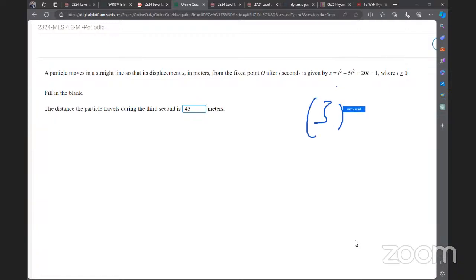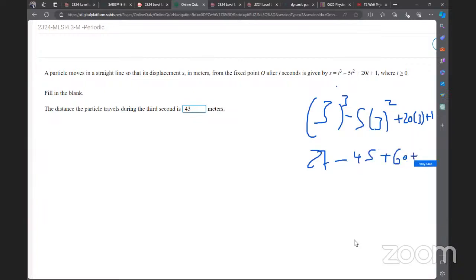3 power 3 minus 5 times 3 power 2 plus 20 times 3 plus 1. So 3 power 3 is 27. 3 power 2 is 9. 9 times 5 is 45. 20 times 3 is 60 plus 1.